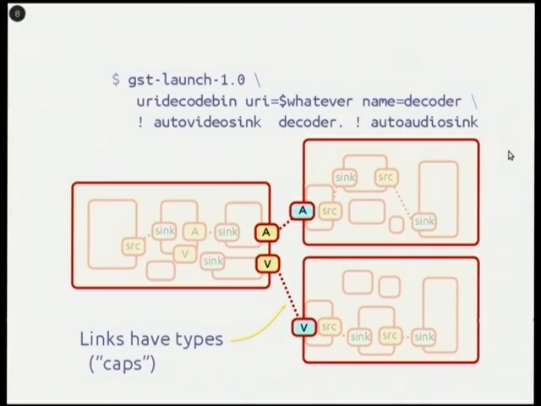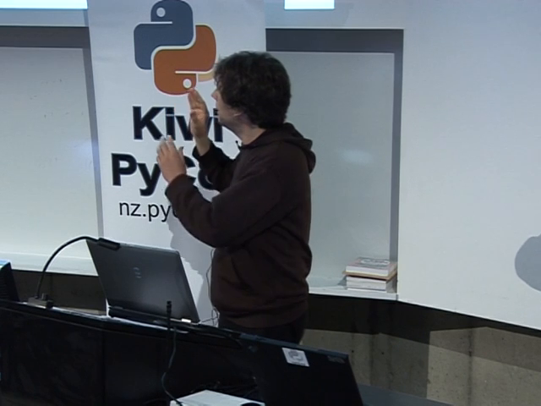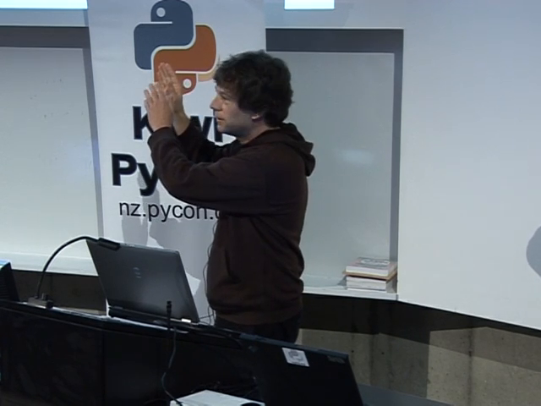And the video sink and audio sink have capabilities on their pads which say what they'll take. And then the decode bin has capabilities on its pads, and they negotiate. And so you say, I want to connect these two things together, and they'll find a way that'll work.